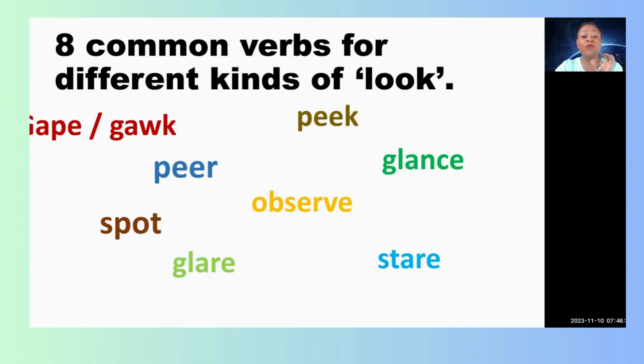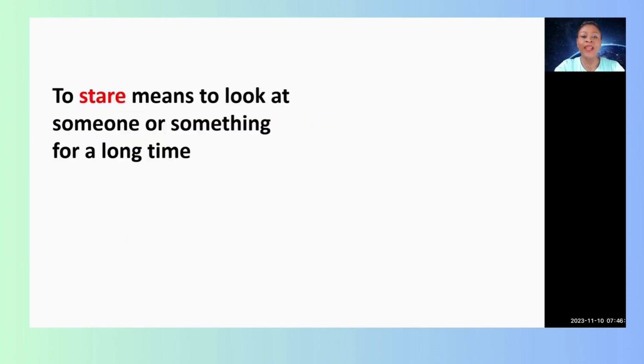These are some verbs that you can use to mean specific kind of look. So we are going to explore them one after another. Please pay attention so you can be able to use the right verb to describe a specific kind of look when you are communicating. Let's start with the first one.